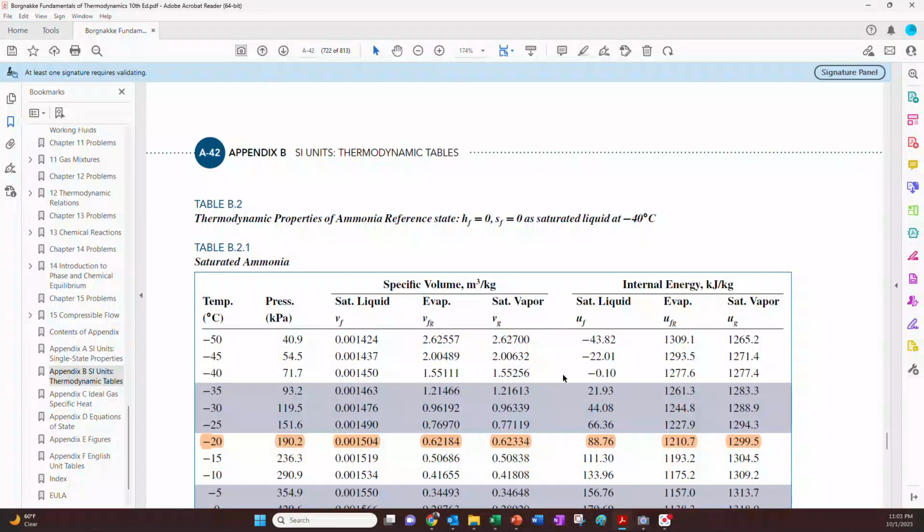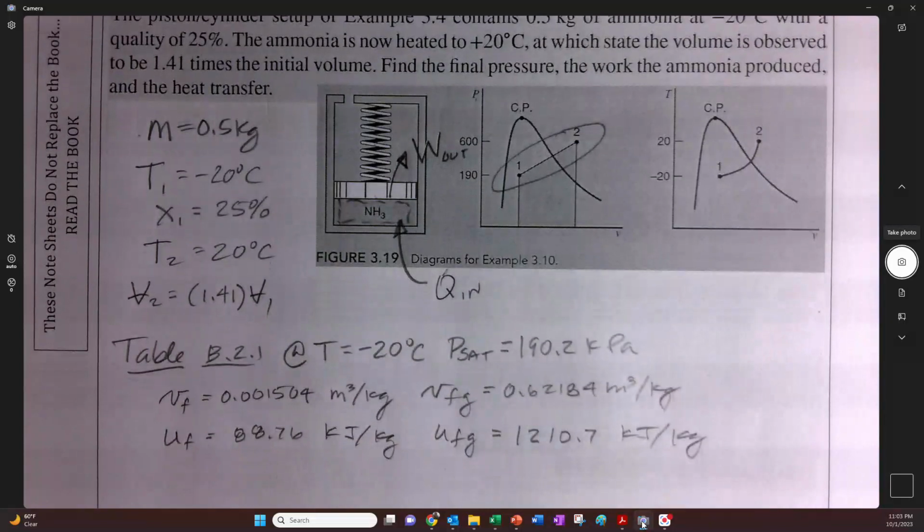The uf, might as well get that, 88.76 kilojoules per kilogram. And then the ufg is going to be 1,210.7 kilojoules per kilogram. All right, so for the time being, we're good with that information.